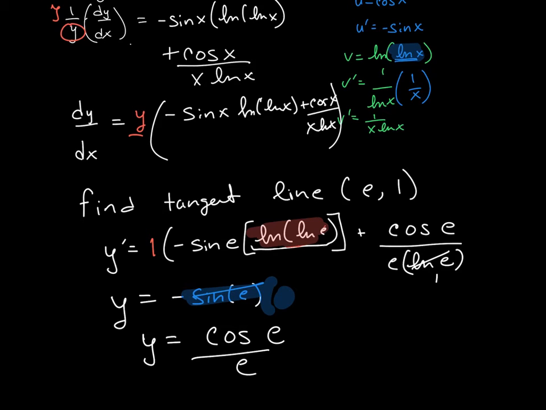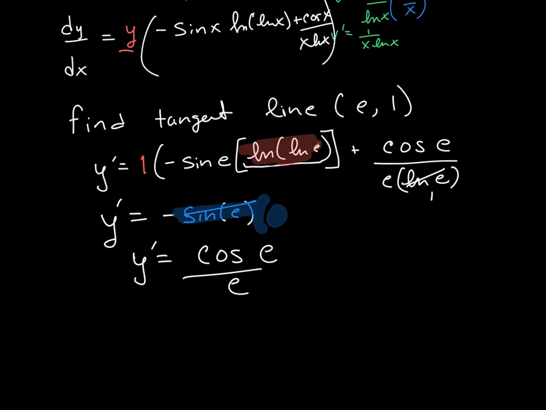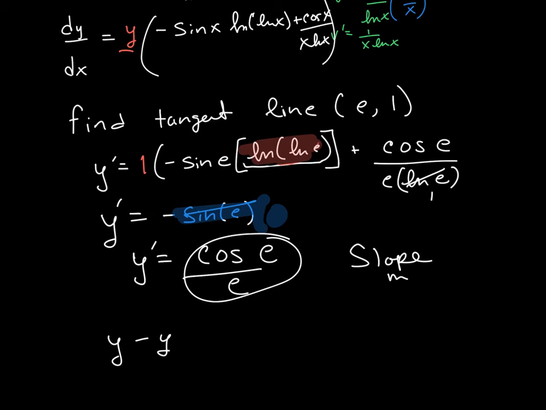All right, so this is right. Oops, I forgot my mark. That is what y prime is equal to. So really, what I'm saying here is this is equal to the slope. So that's m. Now I need to plug that into y minus y1 is equal to cosine of e over e, x minus x1.